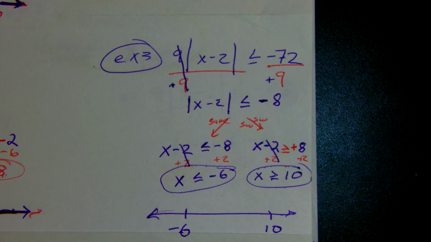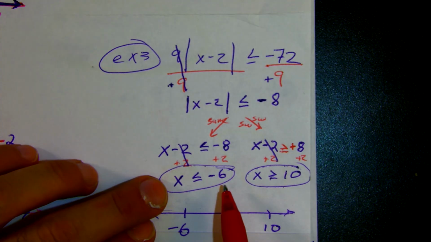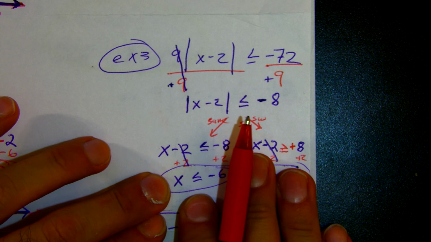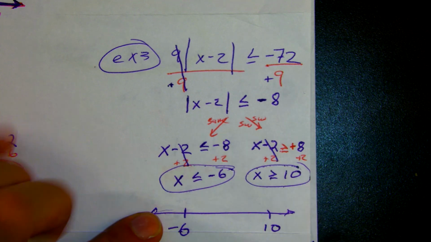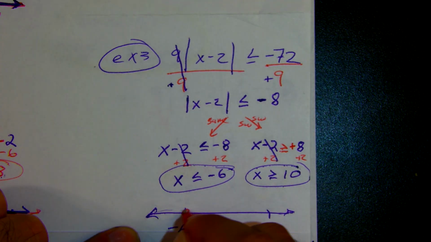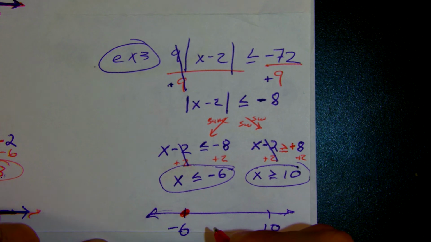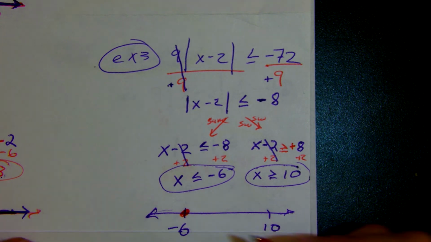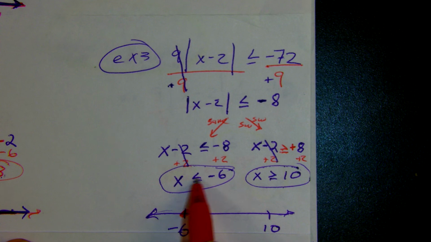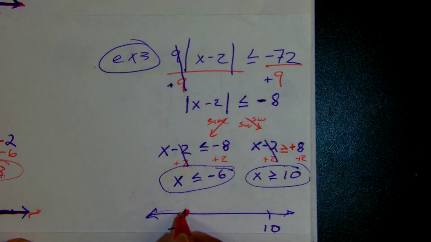All right, let's see. What do we have? Let's read each statement one at a time. X is less than or equal to -6. So I go to -6. It's going to be a closed dot, like all you put in the chat. Good job. I'll show you in a sec. X is less than or equal to -6. Which values? Where do I go if I'm going less? -7, -10, -billion, -trillion.